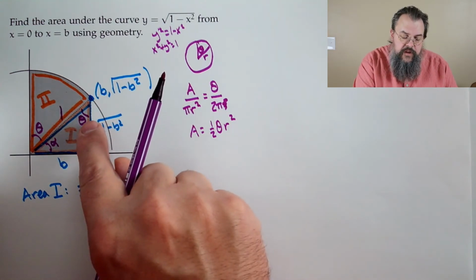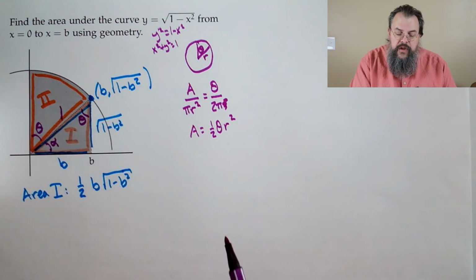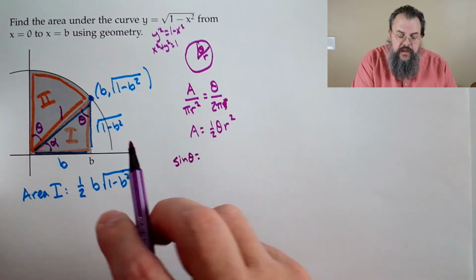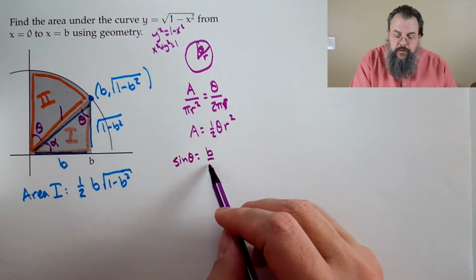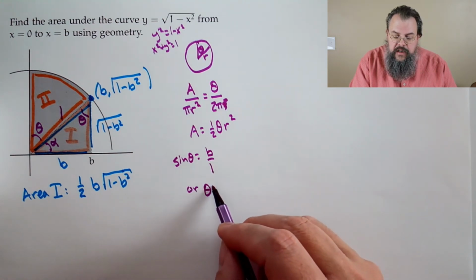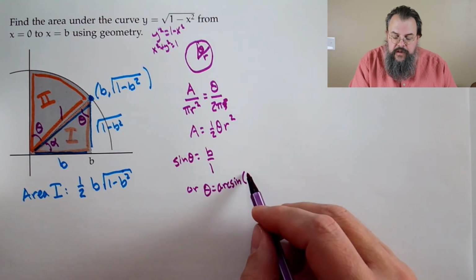So, since that's the opposite side to theta and the hypotenuse, we can say, aha, sine of theta, opposite over hypotenuse, is b over 1. Or we can say theta is arcsine of b.